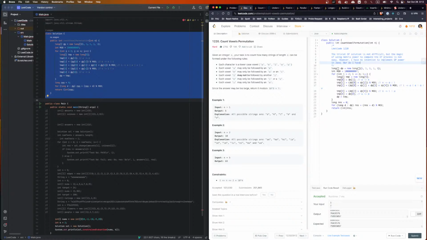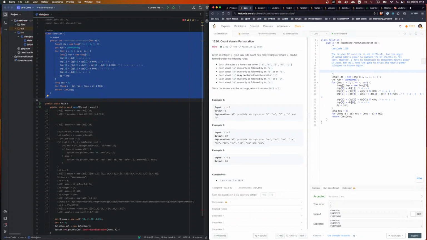Nor do I have the guts to write the matrix power solution in Python again.